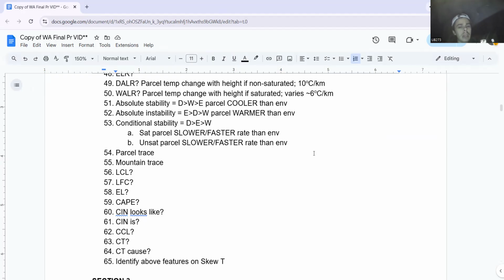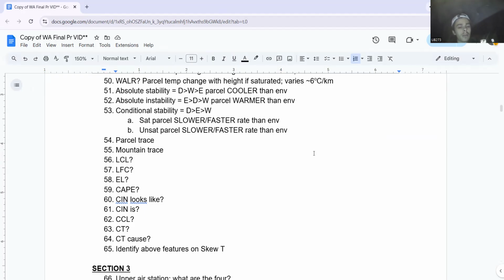Now we can determine if there's stability or instability based on the order of these lapse rates. If the parcel lapse rates are greater than the environment's, that would mean the parcel is cooler than its environment.